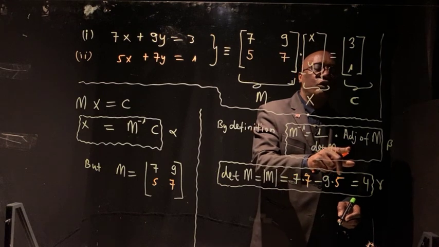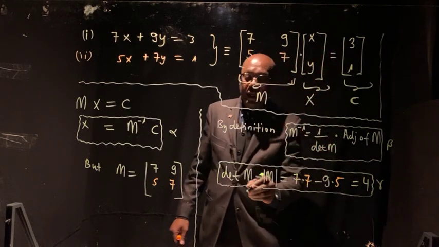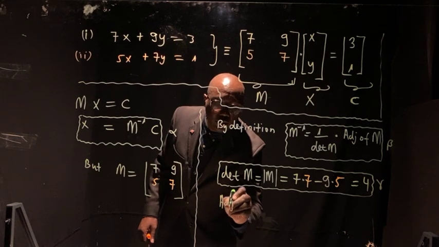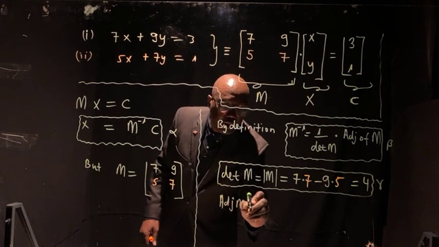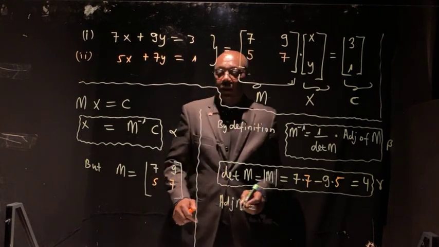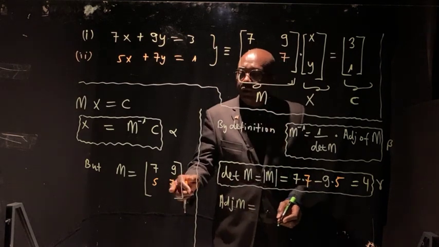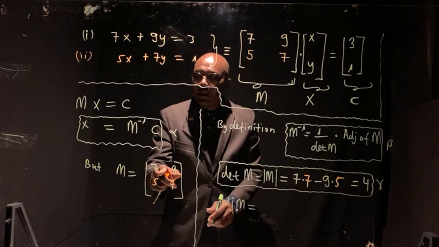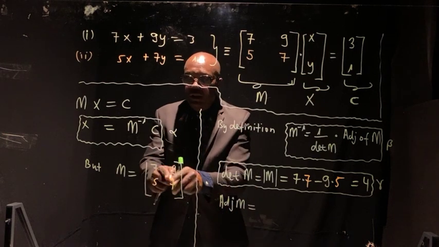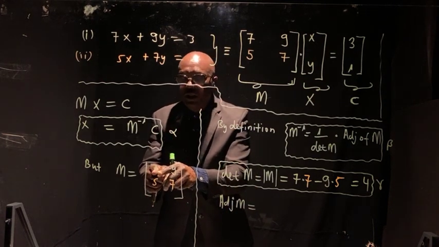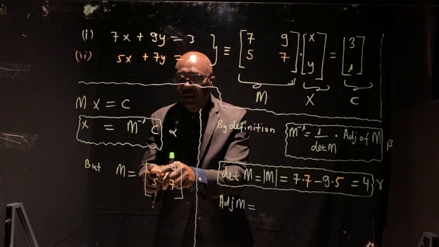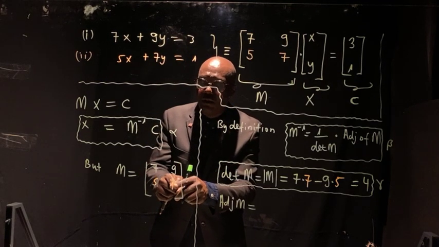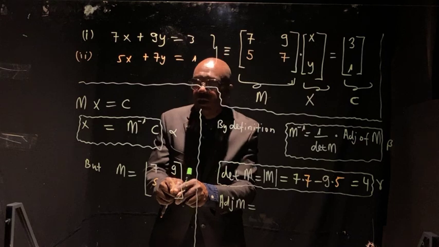But what is the adjoint of M? The adjoint of M, by definition, is given by this. You pick up the M matrix and then you swap these two positions. So this green value comes down, and this yellow or pink value goes this way.